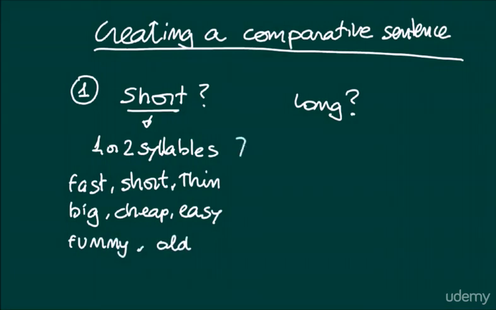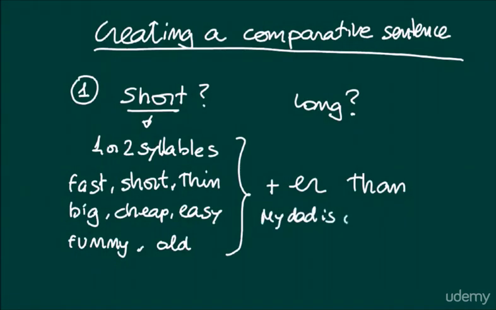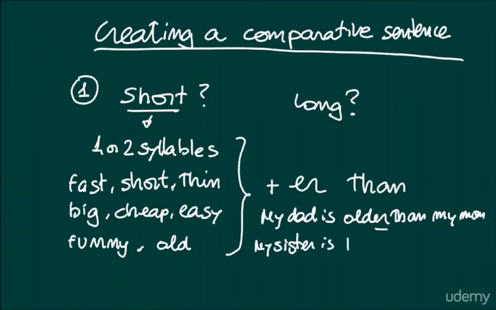For short adjectives, we create a comparative sentence by adding ER at the end of the adjective and then "than". Look at the example. My dad is older than my mom. My sister is thinner than me.